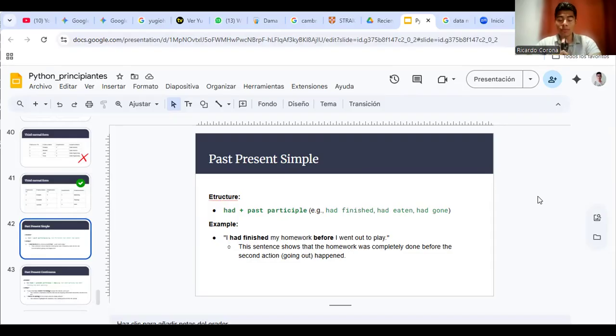Coming back to the example with finish: the infinitive is finish, in the past tense we add ed at the end of the verb, and the participle is the same as the past, finished.